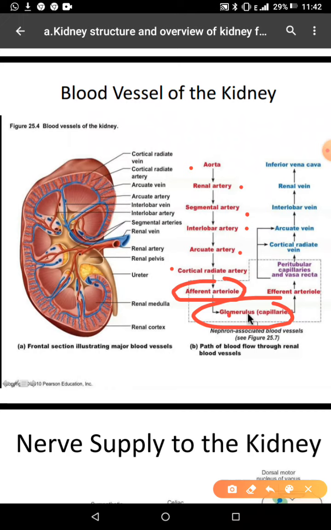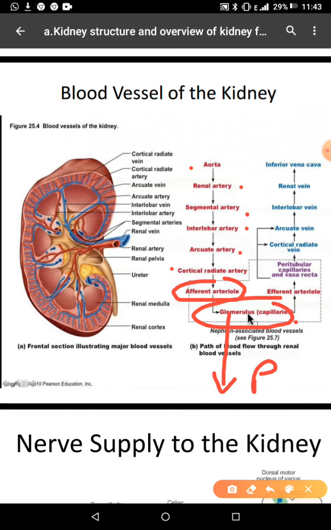So what will come out from the glomerulus is plasma. It will enter the renal tubules. What will remain in the glomerular capillaries, these are blood cells, the red blood cells, the white blood cells. These big molecules that cannot penetrate the capillaries. Even plasma proteins will remain in the glomerular capillaries.